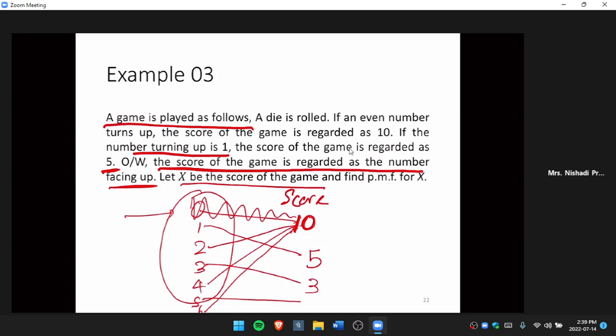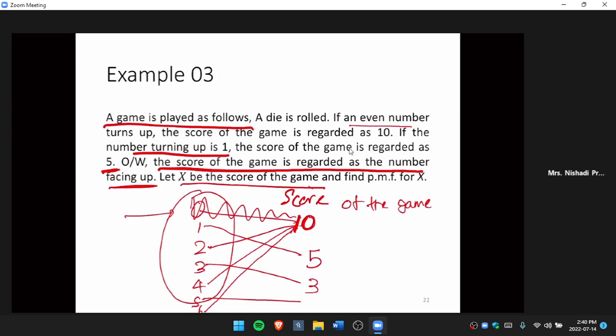But the random variable x we define here is the score of the game, not the number facing up. Therefore, we need to find the induced sample space according to the score of the game, right? Now, it says if we get an even number, the score of the game is regarded as 10.